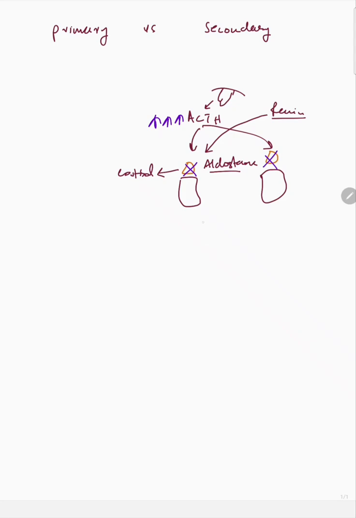ACTH is not pre-made. It is initially formed as pro-opiomelanocortin, which is then divided into different segments, and one of them is ACTH. Another is melanocyte stimulating hormone. Other opioids are also produced, but these two are the main ones we're concerned with here.